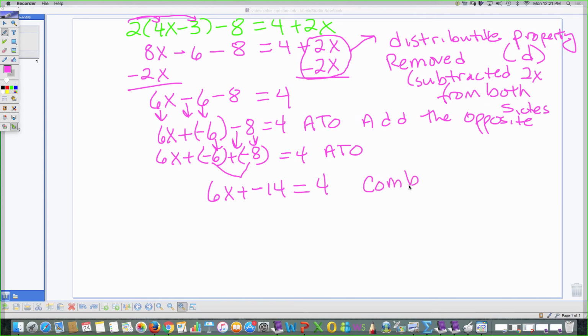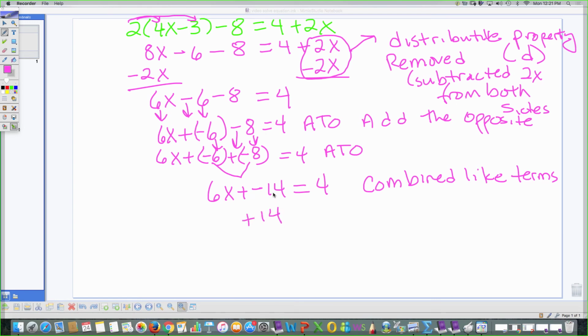Okay. And our justification, we combined like terms. Remember, terms are between addition or subtraction signs, and these are alike because they're both numbers, they don't have variables. Okay, we're getting closer. Now, somehow we need to turn this negative 14 into a 0, so it'll go away.